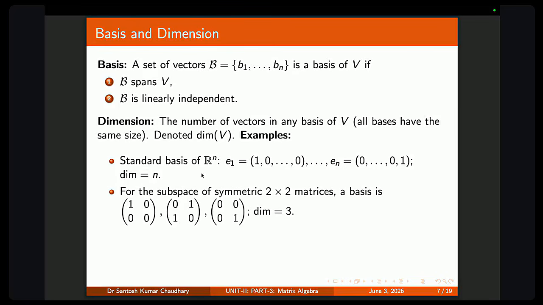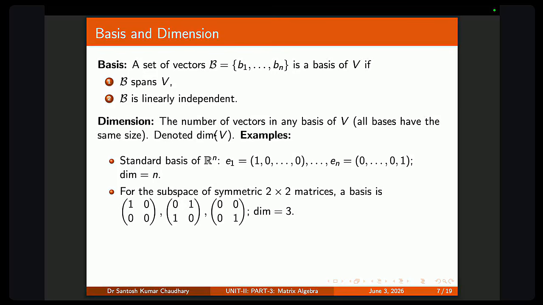A vector space is taken as Rn, and E1 is the vector (1, 0, 0, ...), E2 has one in the second position, En has one in the nth position. So you have taken n vectors, and they are linearly independent, and the span of these vectors will be equal to Rn. So we claim that they form a basis. So the dimension of a vector space is equal to the number of elements in the basis of the vector space.